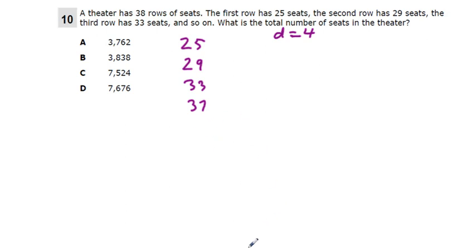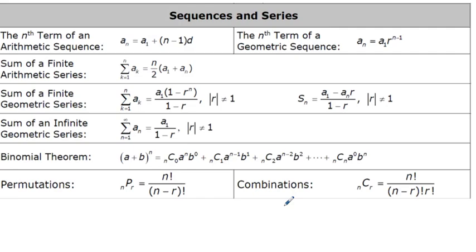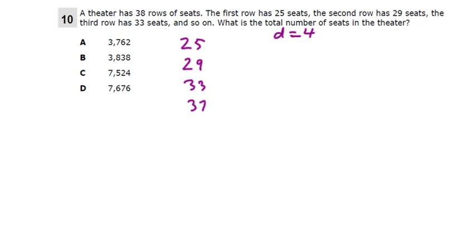But fortunately, there are a couple formulas that are going to help us out in this endeavor. And these are found also in our ACP formula chart. The nth term of an arithmetic sequence, this equation here, and also the sum of a finite arithmetic series. So we're going to need to find the 38th row, the 38th term.